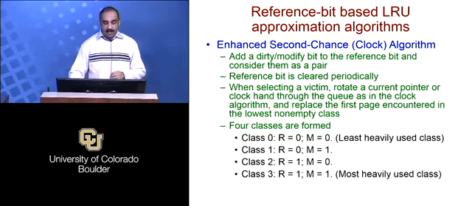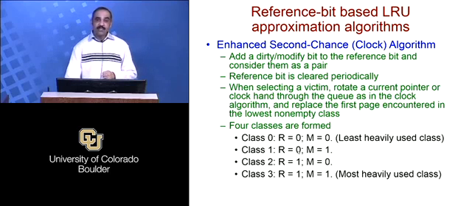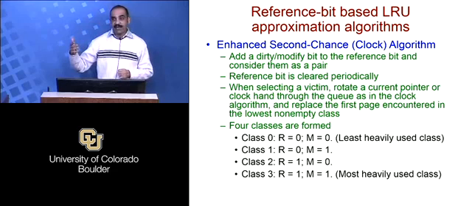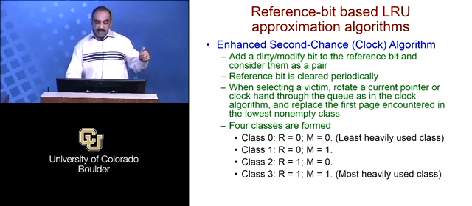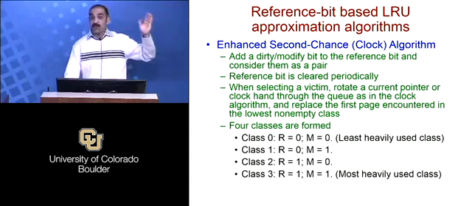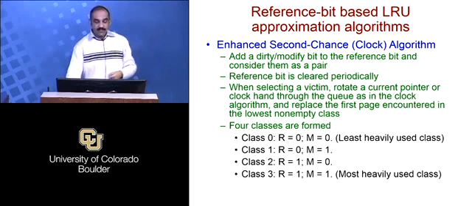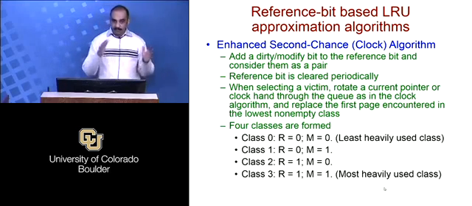However, here you give preference to one which has modified bit 1, and the reason is that, because you are resetting the R bit again and again, R equals 0 says that you haven't looked at this page recently, while R equals 1 means that you have referenced this page very recently. The modified bit could have been set much earlier in time, because the modified bit doesn't change. Once it is set to 1, it remains 1. So this is the reason you give preference to the 0 1 pattern here over the 1 0 pattern. Is the reasoning there clear?